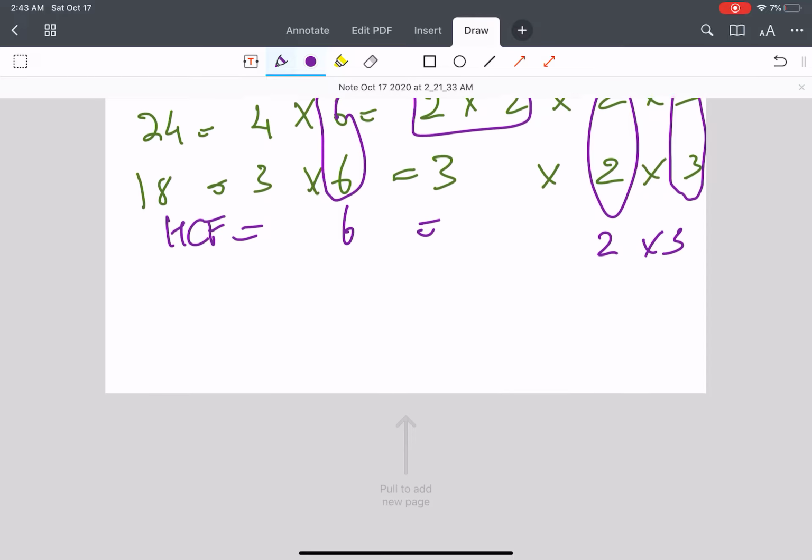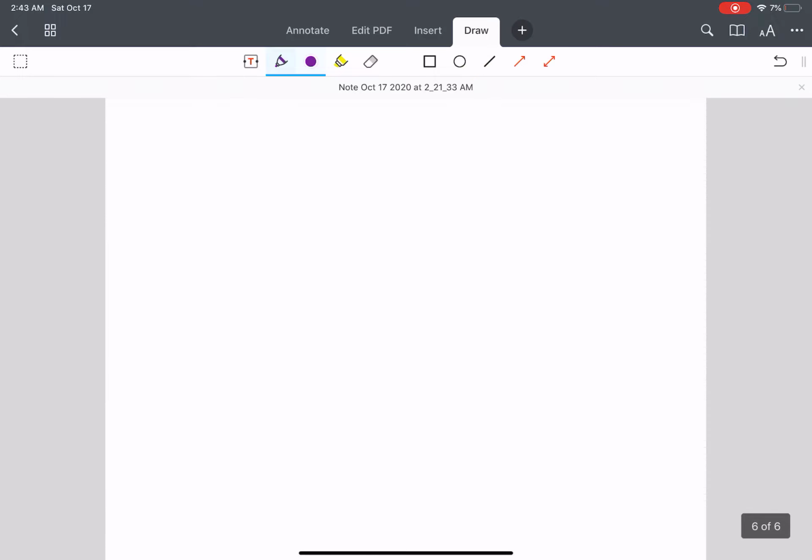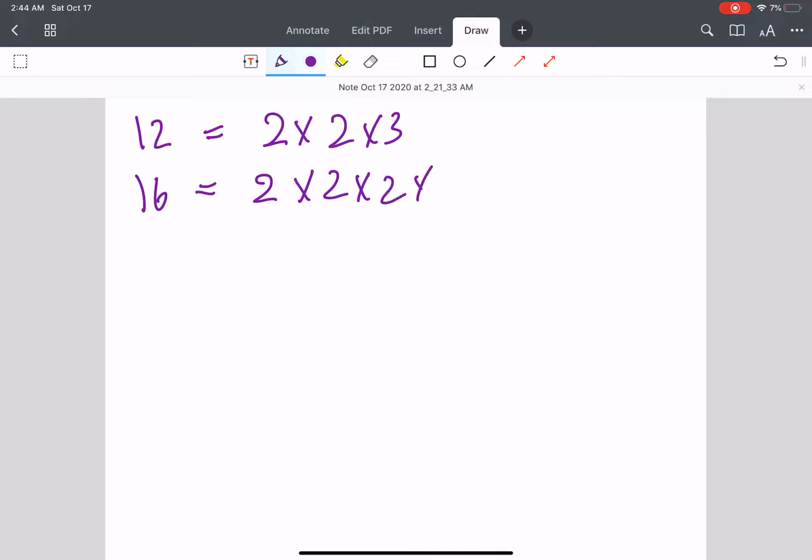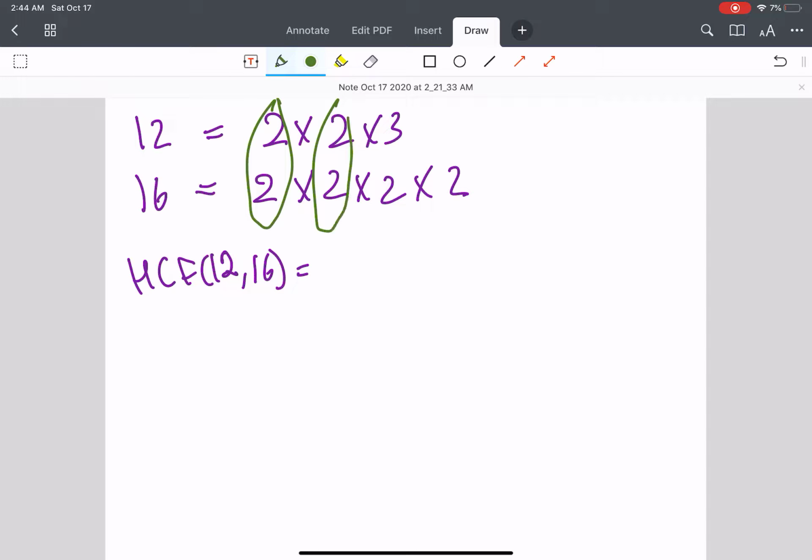Okay. Let's take another example. 12 and 16. 12 is equal to 2 times 2 times 3, and 16 is equal to 2 times 2 times 2 times 2. So the HCF of 12 and 16 will be equal to, you take the common factors. 2 and 2, then 2 and 2.